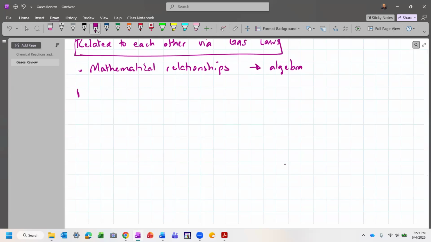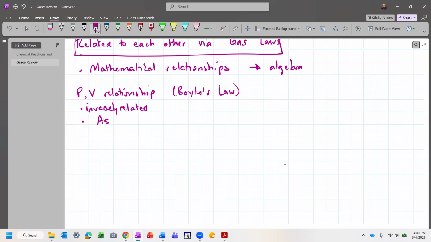The first one is the pressure volume relationship, and this is known as Boyle's law. The pressure volume relationship is an inverse relationship. We can say P and V are inversely related to each other. What that means in a practical sense is as one goes up, the other one goes down.